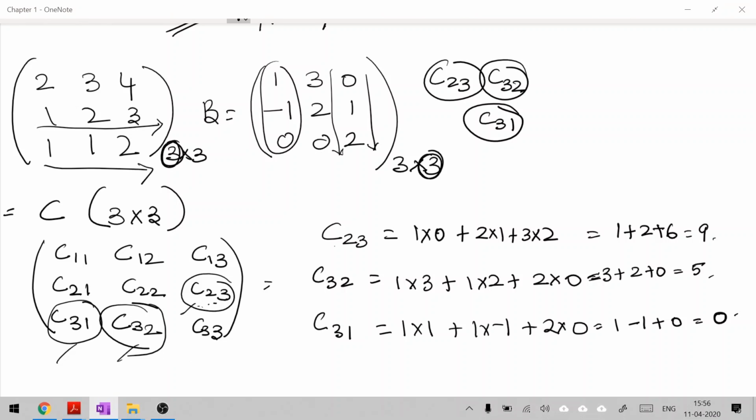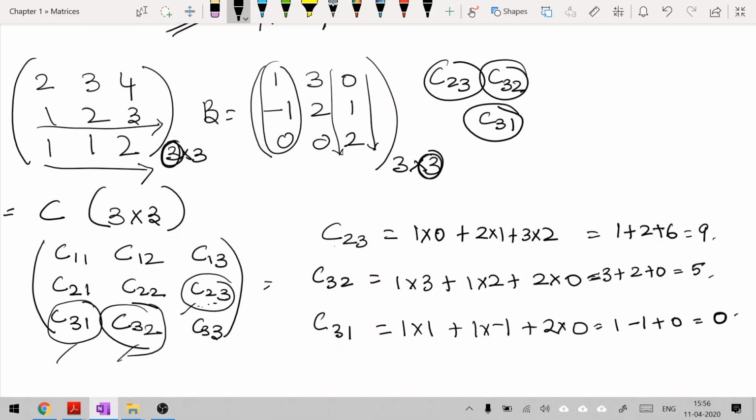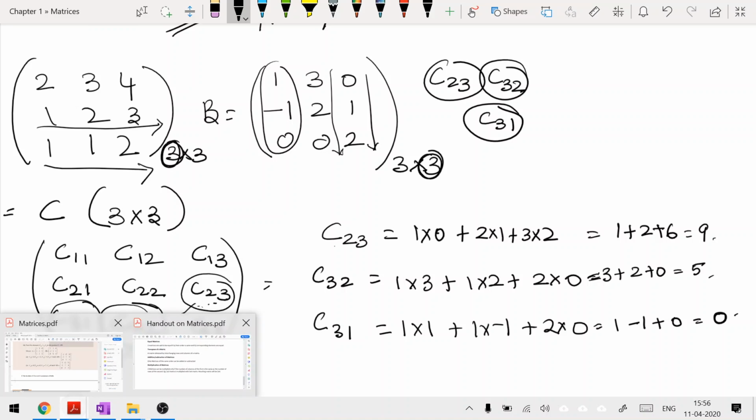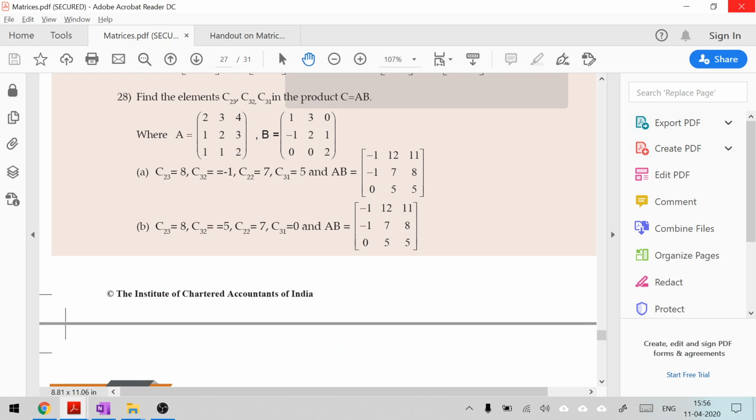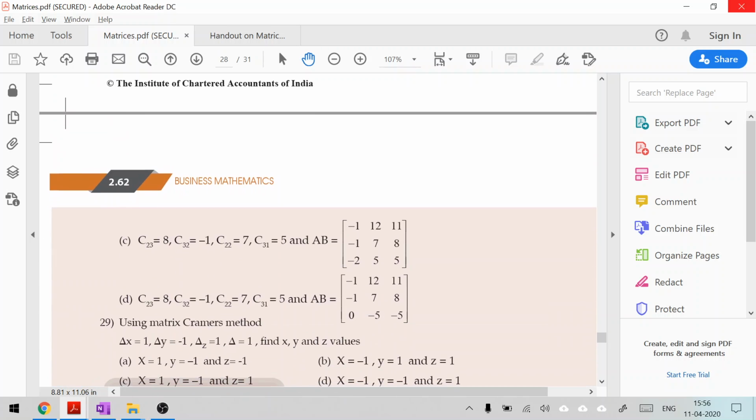Now look for that in the options and accordingly choose. 9, 5 and 0. So 9, 5, 0, do you have it? No. Oh, look at this. The question asked us to find only 3 elements, but the option has additionally given C22 also, which we did not find. Correct? So I don't have that now.